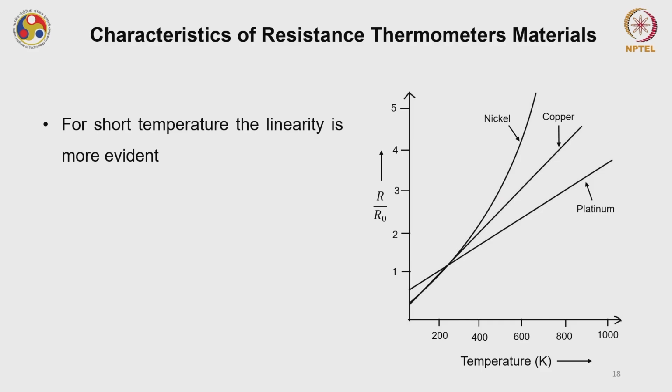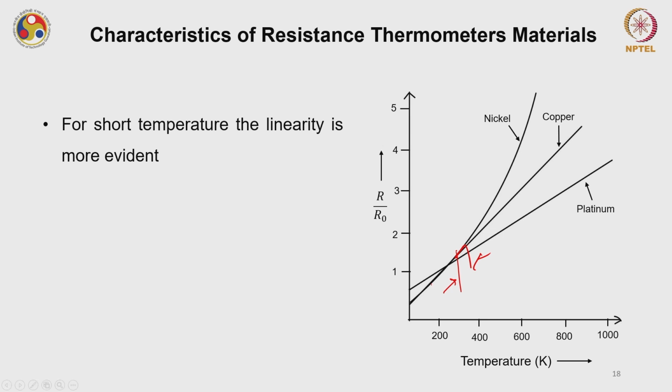But even so, it is linear for a shorter temperature range. Say for example, in this temperature range you can consider it to be linear, or even for a small temperature range in this region, it is linear in nature.